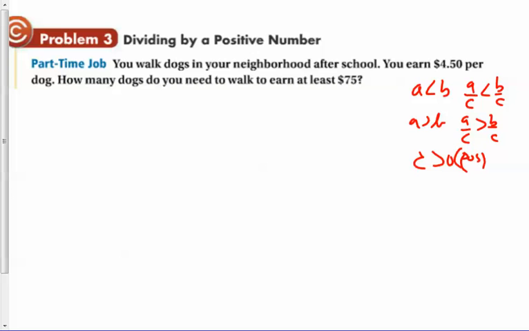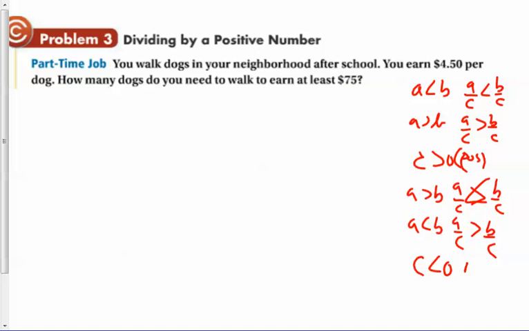Okay? But if it's negative, A is greater than B, A over C is going to be less than B over C. And if A is less than B, A over C is going to be greater than B over C. And that's true when C is less than 0, which is a negative.